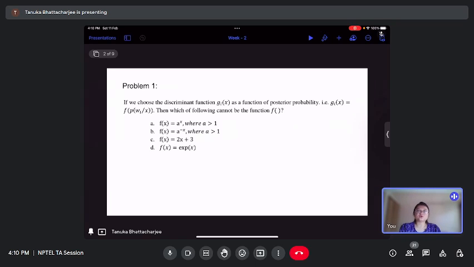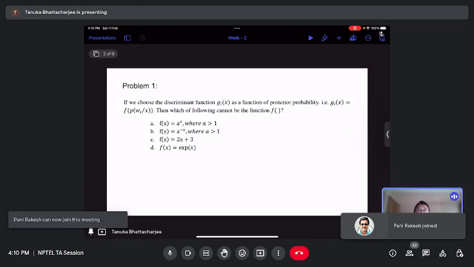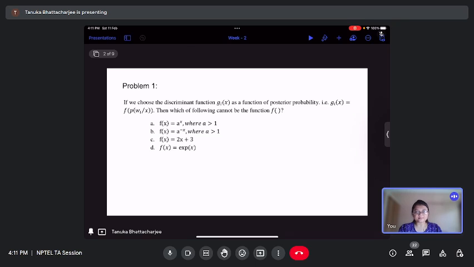When we do discriminant function based classification, what is the idea? The idea is that for each class you have a discriminant function. You compute the value of the discriminant function for each class when you are given an unknown sample. Whichever class has the highest value of this discriminant function, we will classify the unknown sample to that particular class.